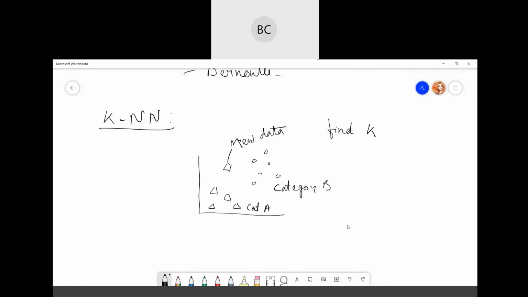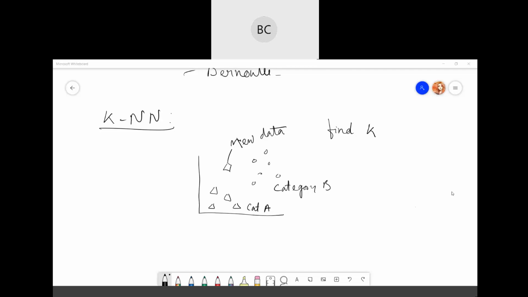What is K? K is the number given for the similarity classes. What is that number? Yes, number of nearest neighbors. K is the number of neighbors. Okay, first K is the number of neighbors.